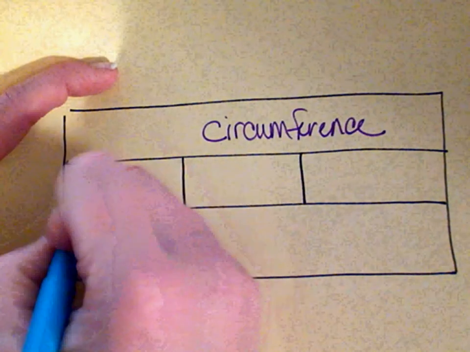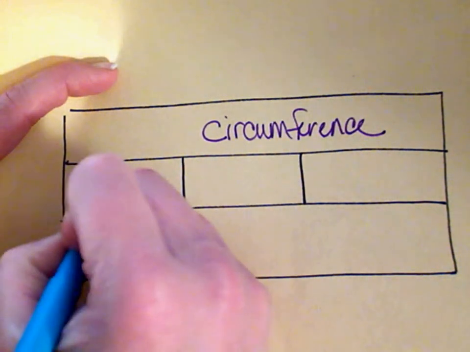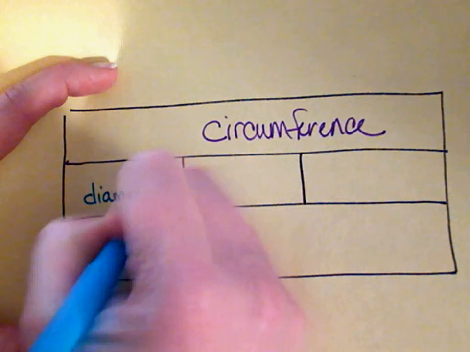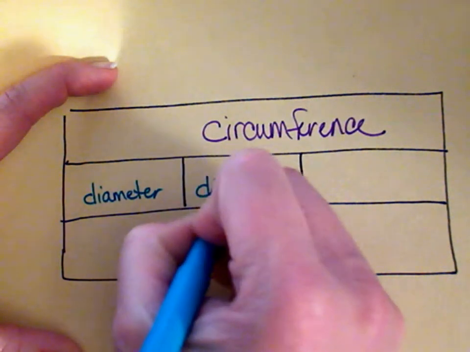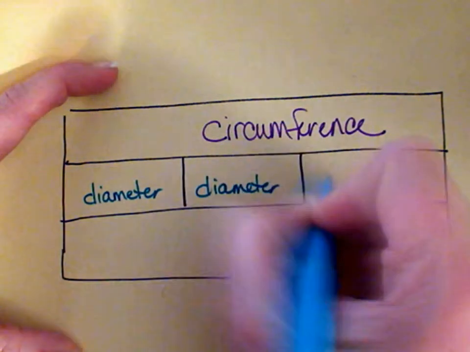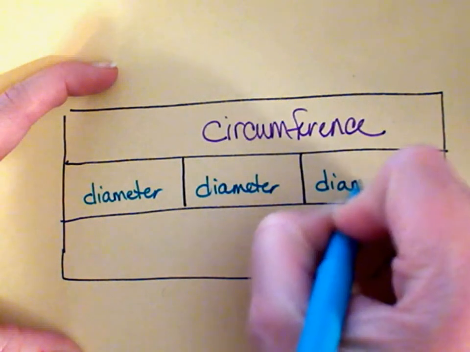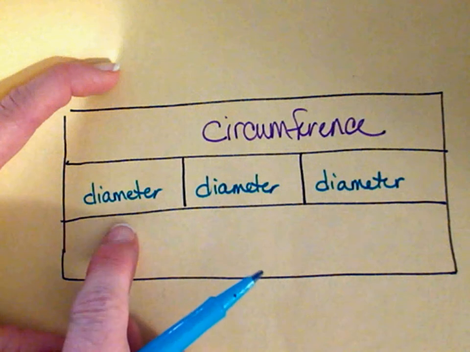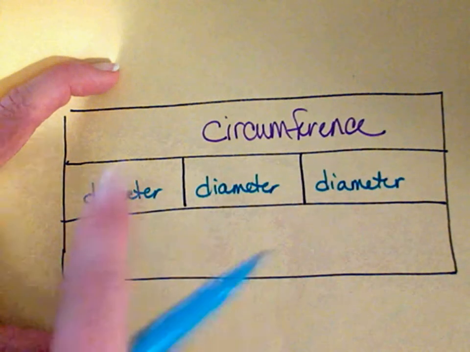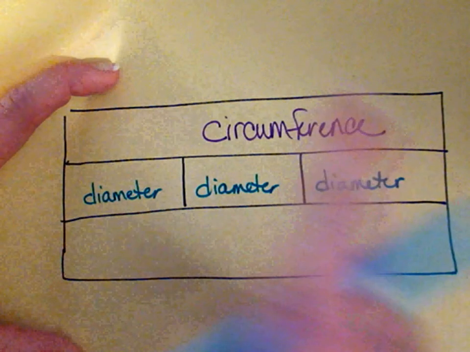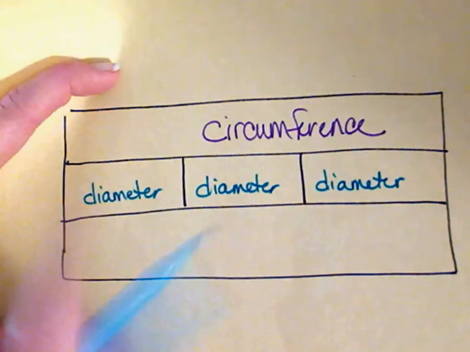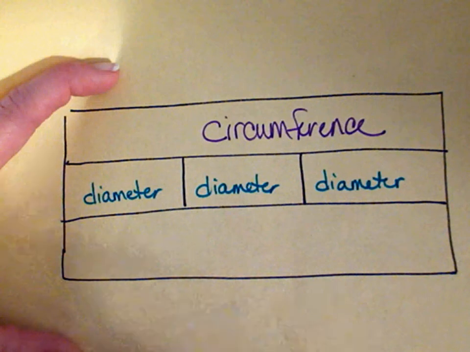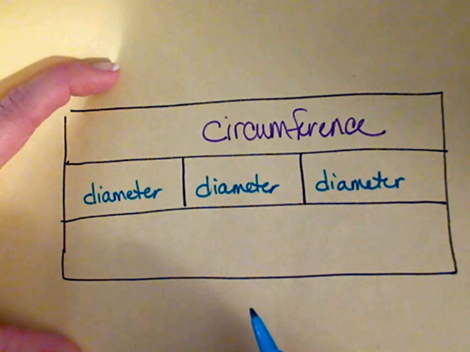Well, what we discovered is every time we have a circumference and then we measure its diameter, the diameter is always a third of the circumference. Simply put, if I were to pull the diameter off that circle and try to wrap it around the outside, the circumference, it would take 3 diameters to make it all the way around.